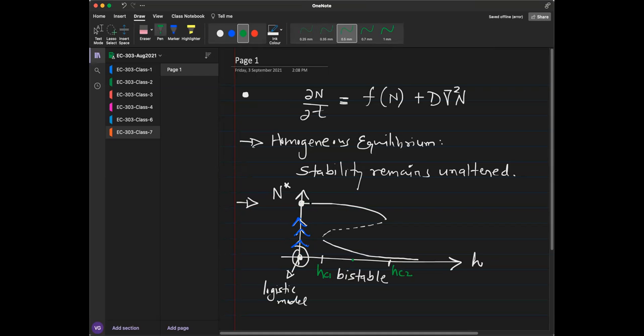Of course, it won't be exactly carrying capacity in this region, slightly below the carrying capacity. Okay. Now, in this region, what do you expect? A small perturbation you do will typically flow towards this lower branch. This is what you must have found.